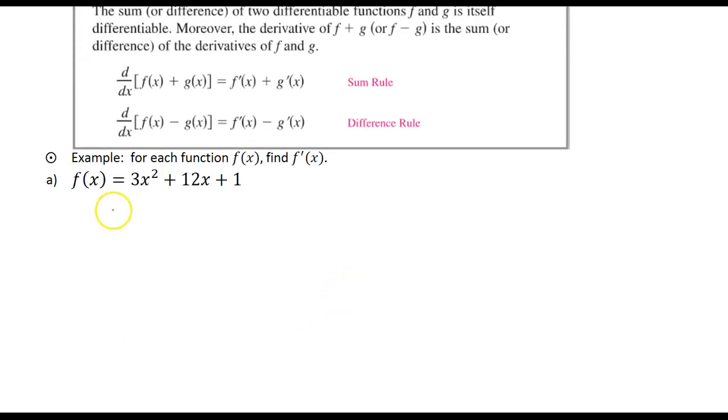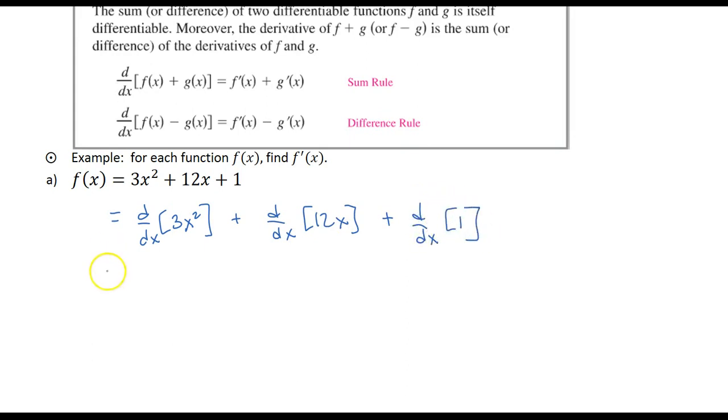So I could split this into 3 separate derivatives. So that would be the derivative with respect to x of 3x squared, plus the derivative with respect to x of 12x, plus the derivative with respect to x of 1. And then I could bring the 3 out of the first one, and the 12 out of the second one.